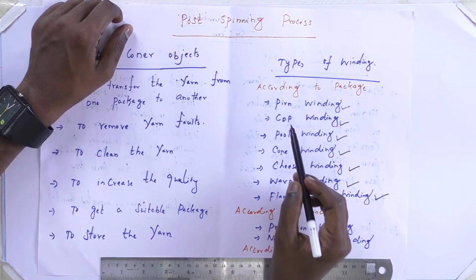For example, pirn winding is used to produce the weft package for the loom. Pirn winding is the machine which produces the horizontal yarn, the weft, which is used in weaving. And also warp winding, cheese winding and cone winding are used in producing different sizes of packages for different end uses.